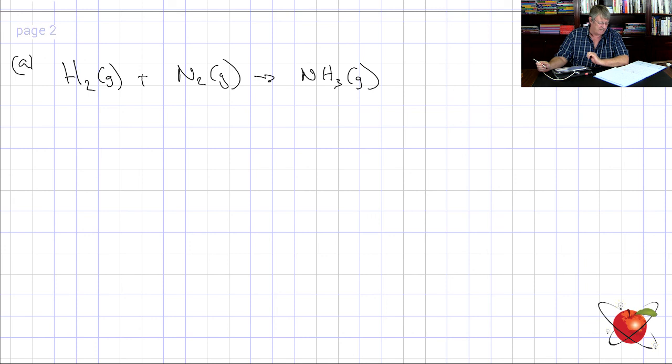So we've put down the states. They've also asked, is this synthesis or decomposition, and show which are reactants and which are products. Let us immediately start out by saying, guys, reactants are these guys, aren't they?